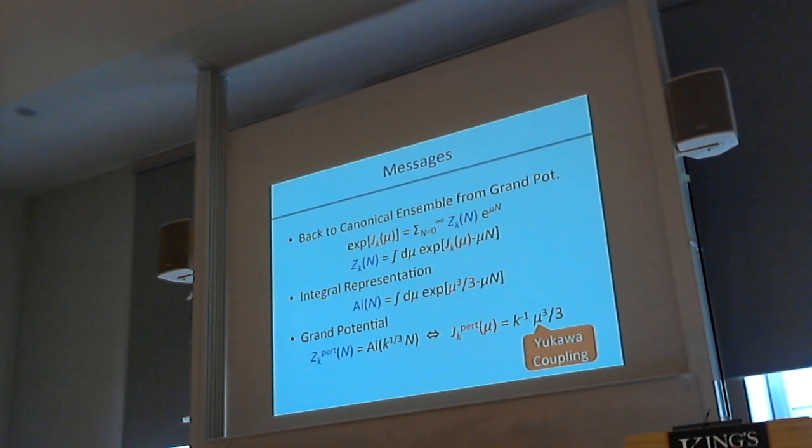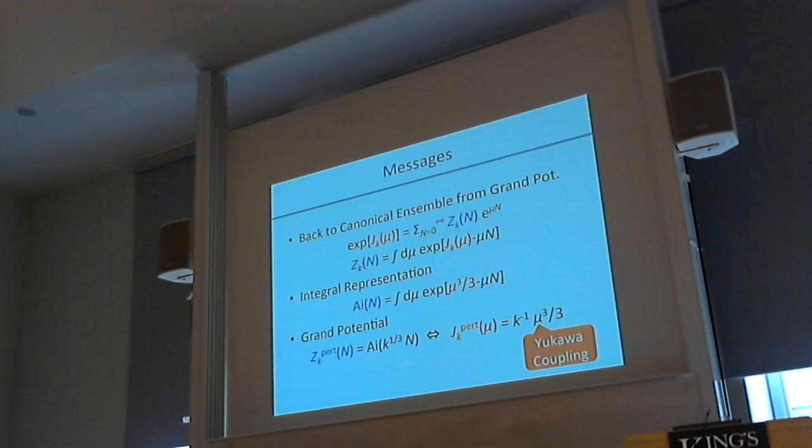Since this cubic function is much simpler than the Airy function, when you want to see the large N expansion, it is much easier to see it from the grand potential instead of the partition function itself.